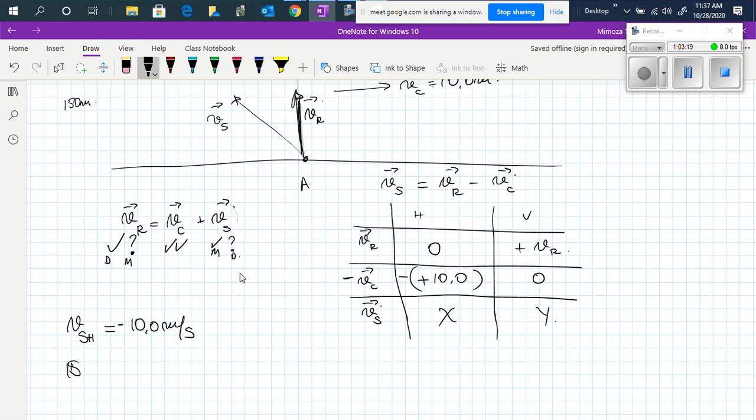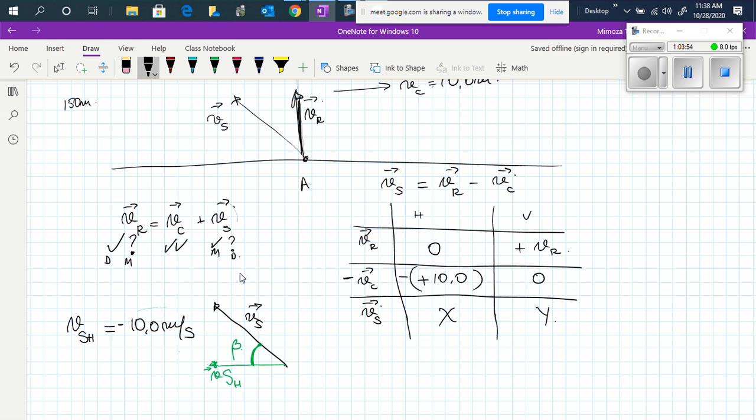And what do we know? That the horizontal component of the velocity of the swimmer will be, if this is the velocity of the swimmer, this will be the horizontal component. If we assign this angle beta, then this is negative 10, and it's negative because it is going in the west direction.